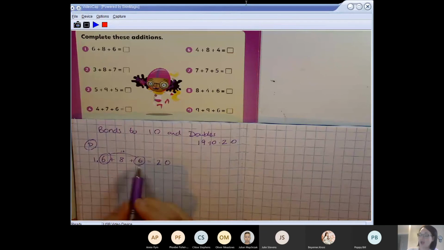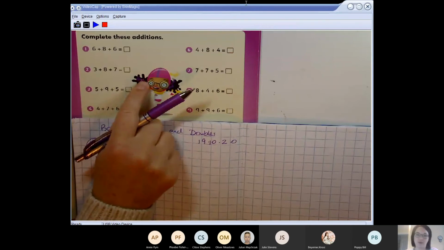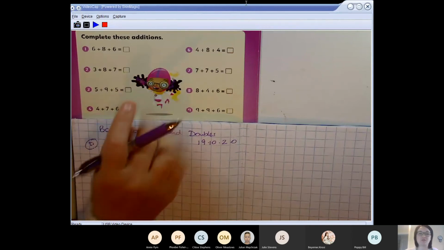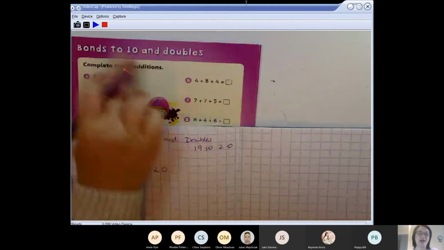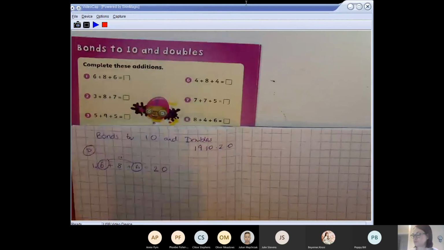Okay, so you have to circle the 2 numbers that you add together first. That will help me know that you are actually doing these calculations in a sensible order, because I know you could all count on your fingers. That is not what we are practicing today. Practice spotting bonds to 10 and doubles and add those bits together first.